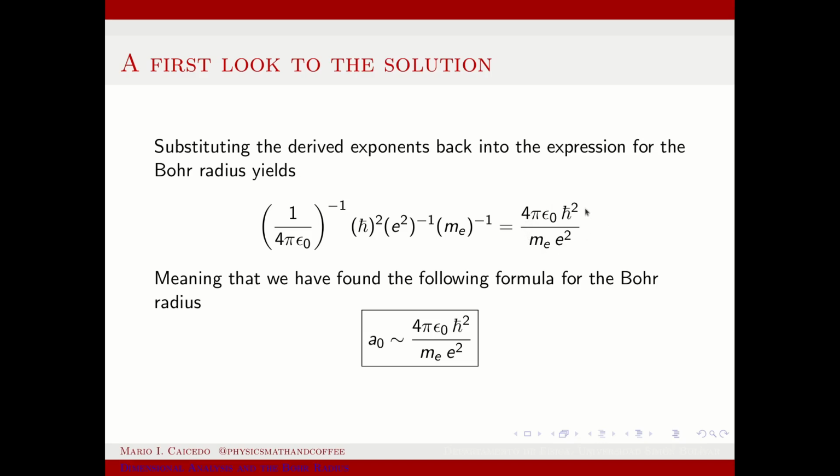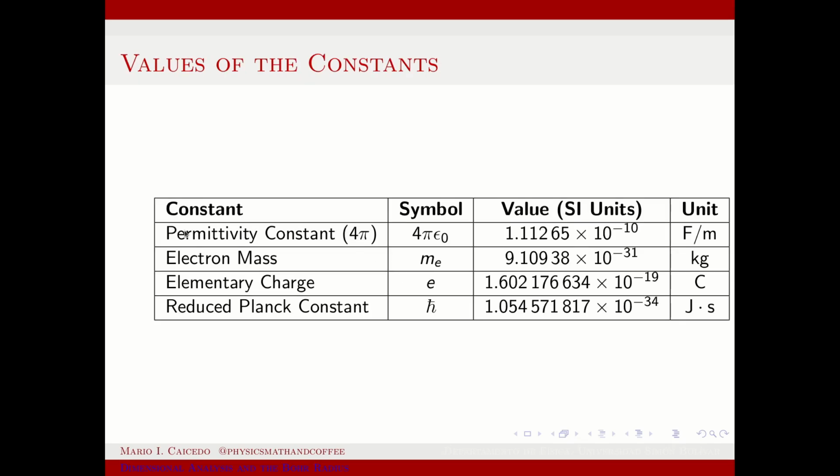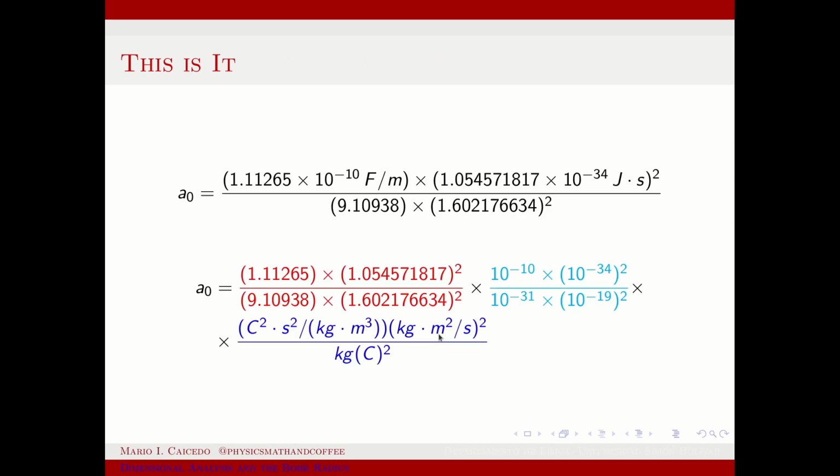So apart from a dimensional constant that might appear here, we have found at least a form of the formula for the Bohr radius, and we may now look for the numbers to substitute in this formula to see how it goes. And again, we find a little 7th grade calculation. It's not a big deal, can be easily done.